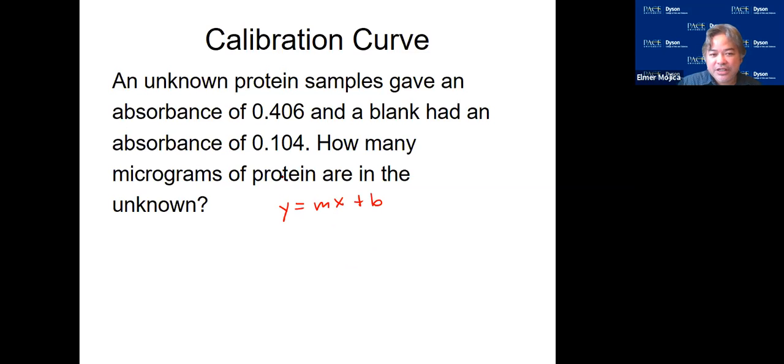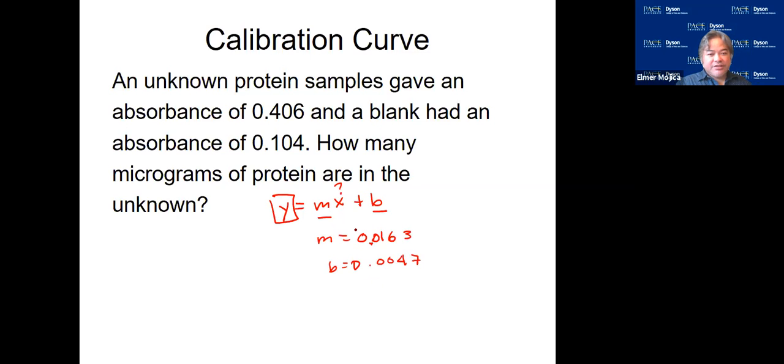The one that you have here now is the Y, and you are asked for the X. So that means the M and B should be given. I'm going to give you the M as 0.0163 and the B as 0.0047.